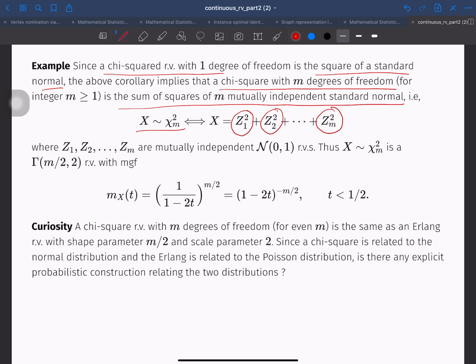Well, now these are independent standard normal random variables. And so you can easily show that the moment generating function for a chi-squared with m degrees of freedom is of this simple form here. And you will see this many times in ST422.